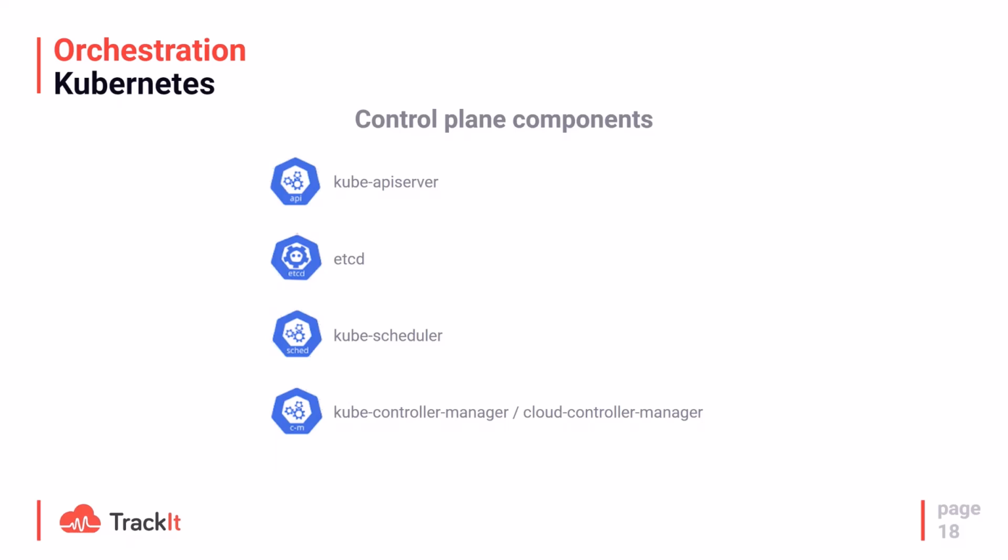And in the same idea, you also have the cloud controller manager, which is doing the same actions, but with the cloud in mind. So it could be the component, for example, that could create an EBS, an AWS Elastic Block Storage volume, when you are requesting a new volume inside your cluster.